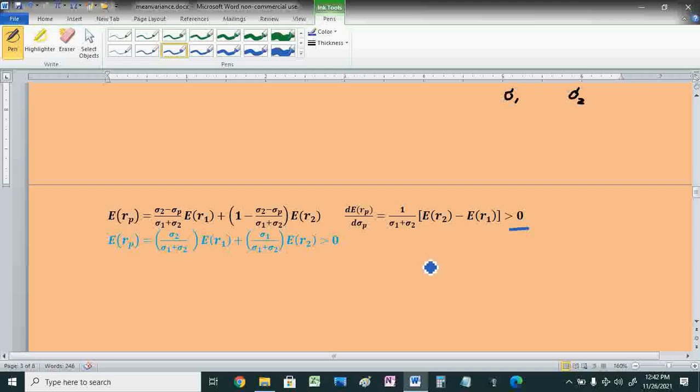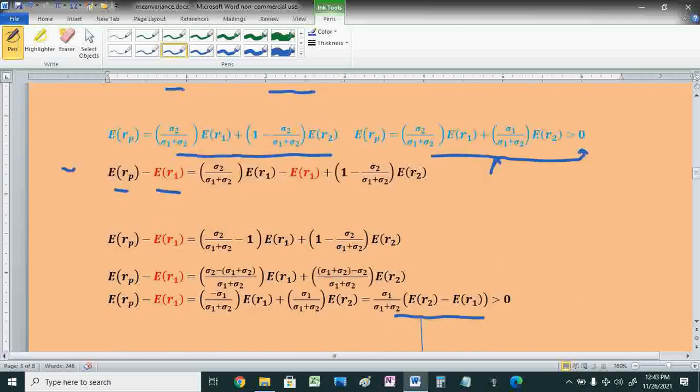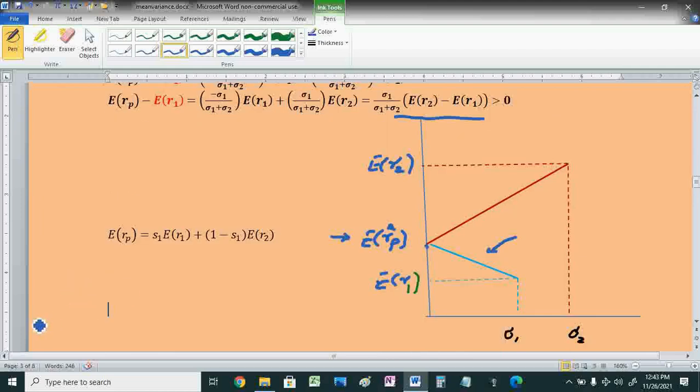Side by side, if I put sigma p equal to 0, I again get this same equation, which is telling me that when the standard deviation is equal to 0, expected return on portfolio is greater than 0, with S1 equal to sigma 2 divided by sigma 1 plus sigma 2. And note that this equation is the same as we had obtained in the case of the first root here, and so the two roots will have the same vertical intercept.